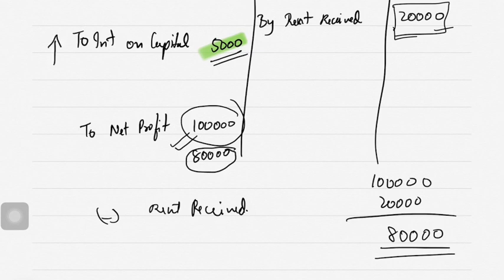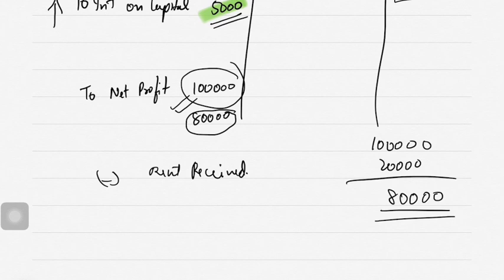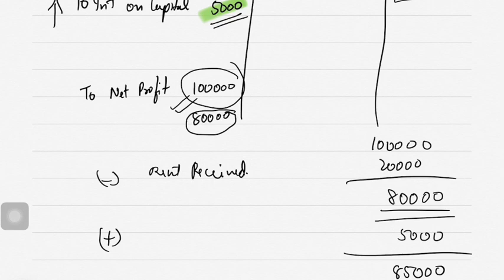Correct? So because your expense has increased by 5,000, your net profit is understated. Right? So what will you do? You will add back. So you will add this 5,000, which will make your net profit 85,000.